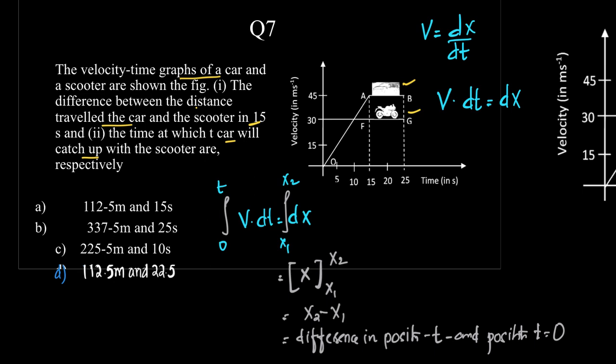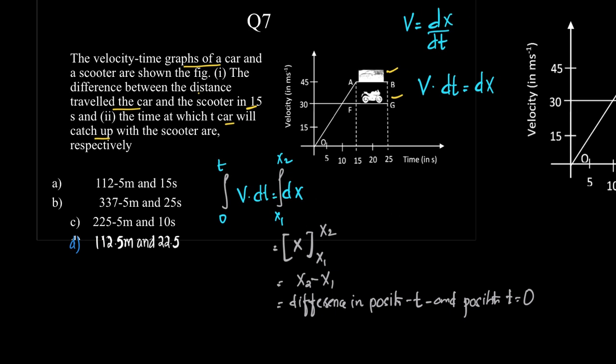Now what is that basically equal to? That is basically equal to the distance moved. That is equal to the distance moved in time t. Okay. So that is about the RHS.